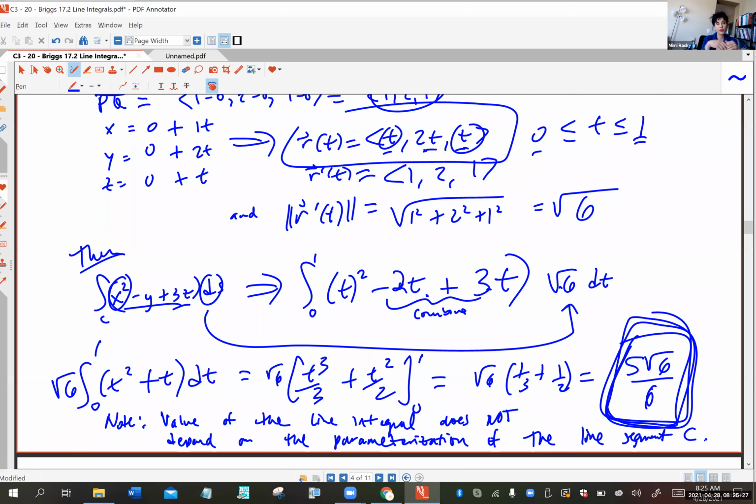But in the next few examples, we're going to see the curves are curvy. And so if you just parameterize these curves by just looking at the starting and stopping point, and you're really parameterizing for a straight line, your answer is not even going to be close. So you have to have your vector valued function honestly represent the curve that you're integrating over. Honestly, not just the starting and stopping points matching. Everything has to match. Okay, questions?